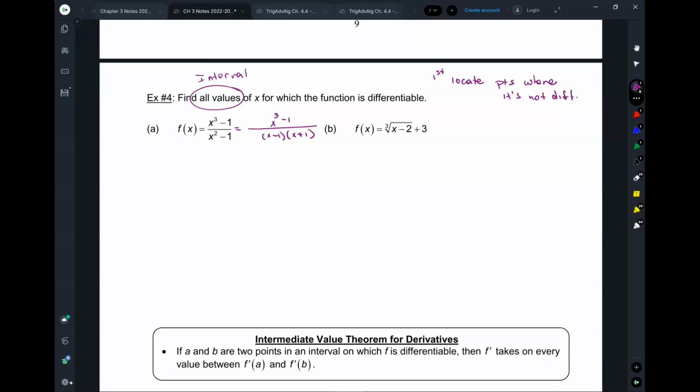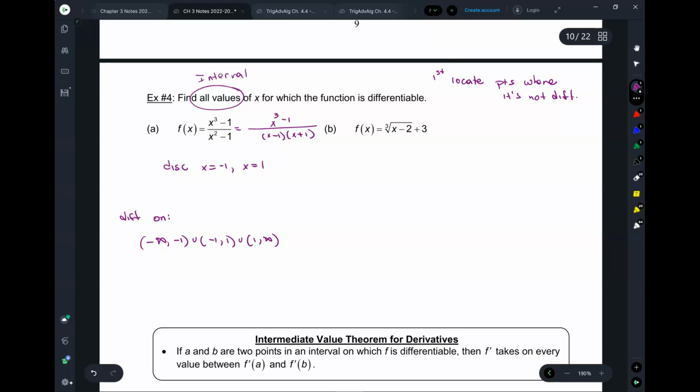So we know that there is a discontinuity at x equals -1 and x equals 1. Nowhere else is there a discontinuity. This is not a cusp function. This is not a vertical tangent function. So these are the points where the differentiability does not exist. So we say it's differentiable on -infinity to -1, -1 to 1, 1 to infinity. This is it.